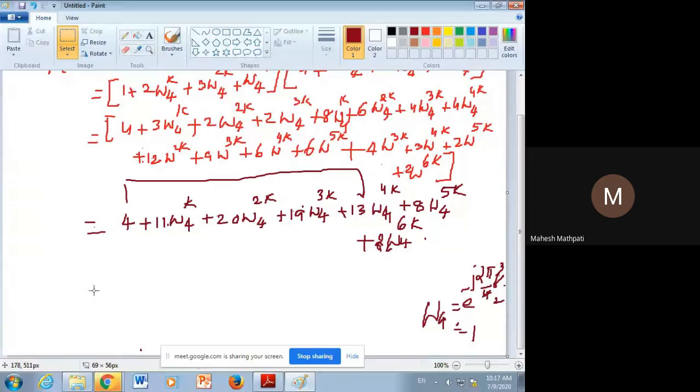Now if I want to write the IDFT of this function directly, this can be written as the IDFT part of this function. Let me write y of n equals to.